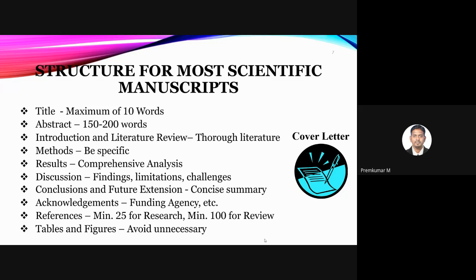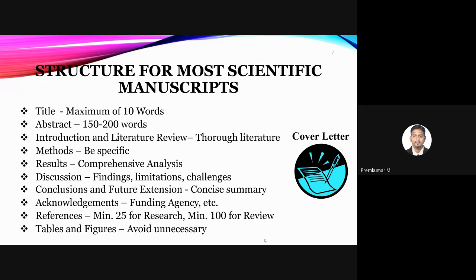The conclusion must be a concise summary, and the future extension must be given in the conclusion section itself. As I told, the acknowledgements, funding acknowledgement, conflict of interest, financial interest, ethical approval statements, and author contribution statements, everything needs to be disclosed before the reference section.